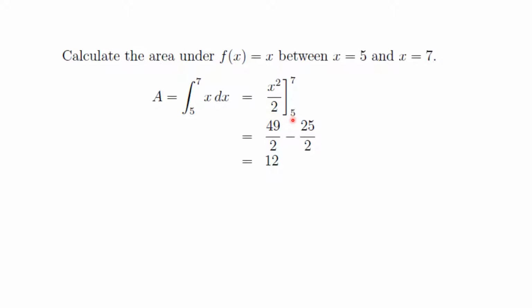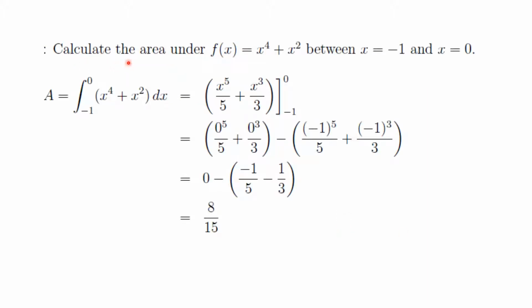The limits are written as shown, 5 and 7. When you substitute 7, 49 over 2, substitute 5, 25 over 2, and the resultant will be 12 unit square. So the unit, unless given, you can write it as unit square. Sometimes if it's given, it can be centimeter square, meter square, and so on.